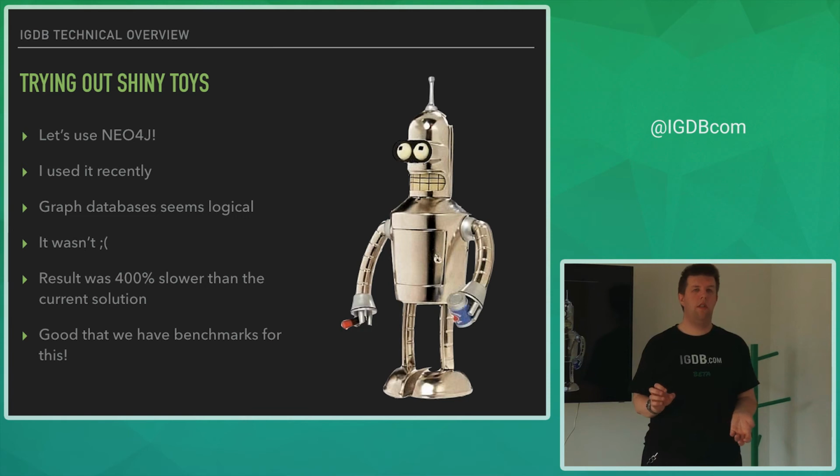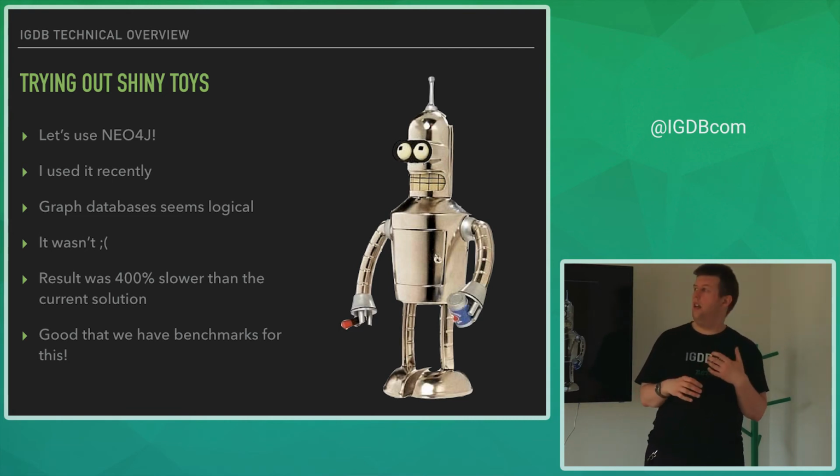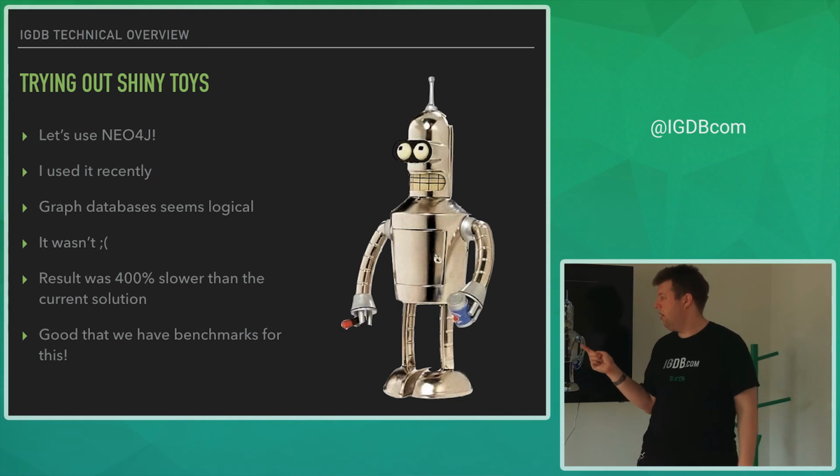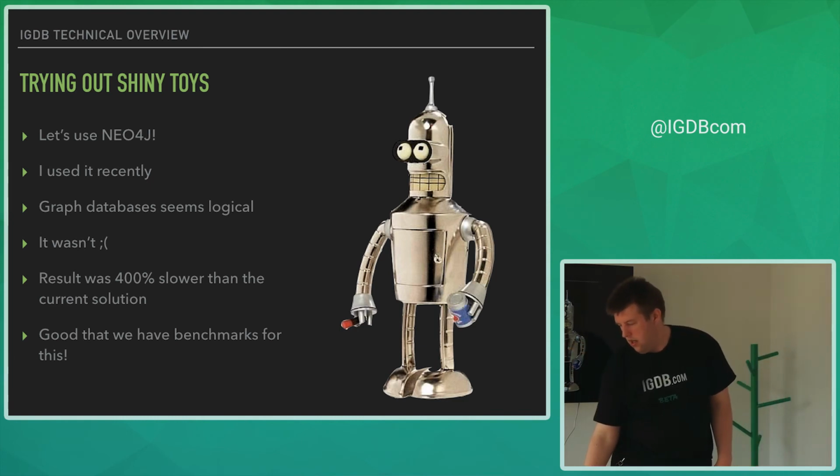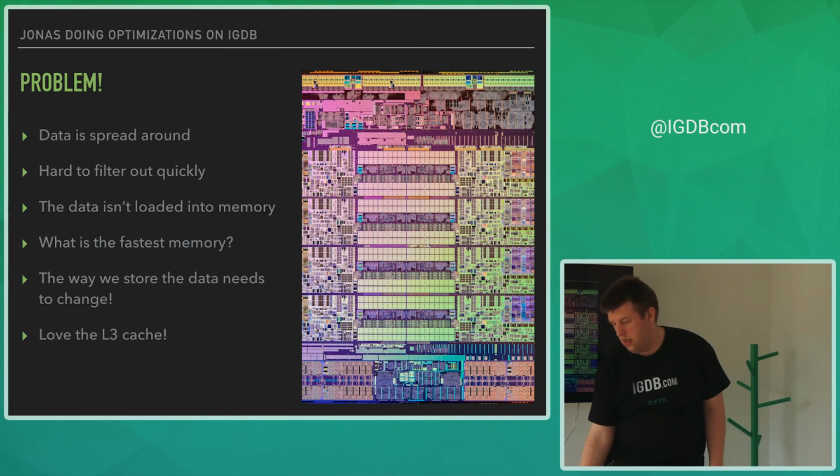The problem was that it wasn't. The result was 400% slower than the current solution. And that's why you have benchmarks. So, lucky we didn't use that solution at least.